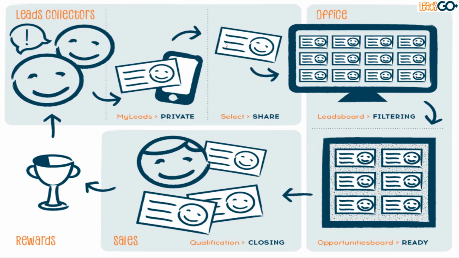If you look at the flow itself, this picture gives a flow of the process. It starts in the left corner with the lead collectors, the ones that are collecting and creating leads. You give them the LeadsGO mobile app, either on Apple or Android phone, or they can also use the web solution.